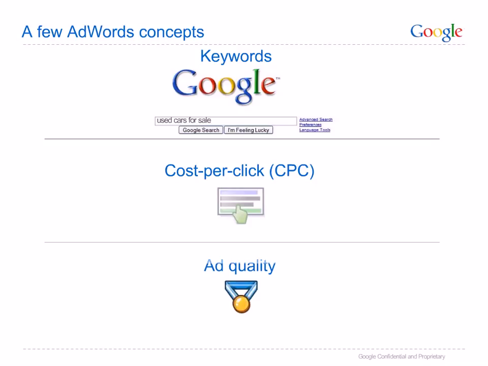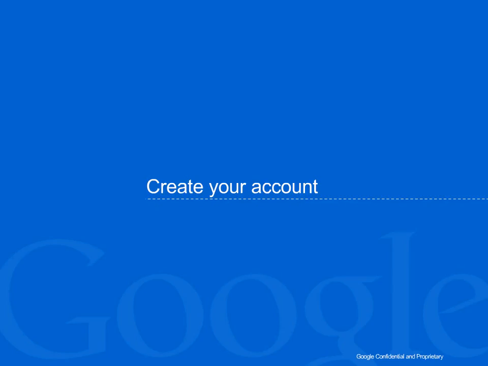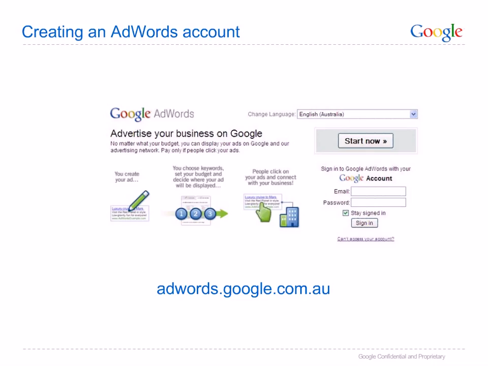AdWords uses this system so users can find what they're looking for quickly and simply. And the good news is, if they do, they're more likely to be interested in what they find when they get to your site. I'll give you pointers for how to achieve high quality as we go through the campaign creation process. So now you understand the basics, let's create your AdWords account.